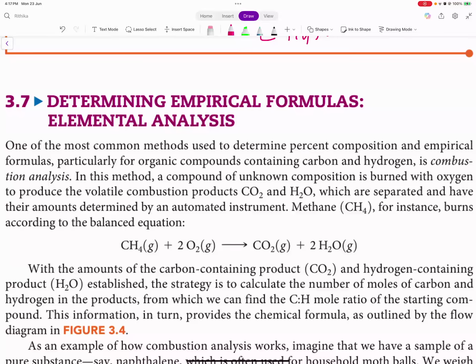We are going to burn it. It is combustion analysis. So we burn it in excess of oxygen, and we get carbon dioxide and water vapor. Got it?